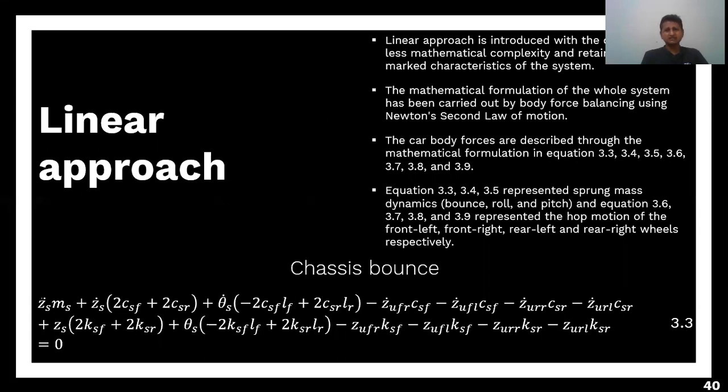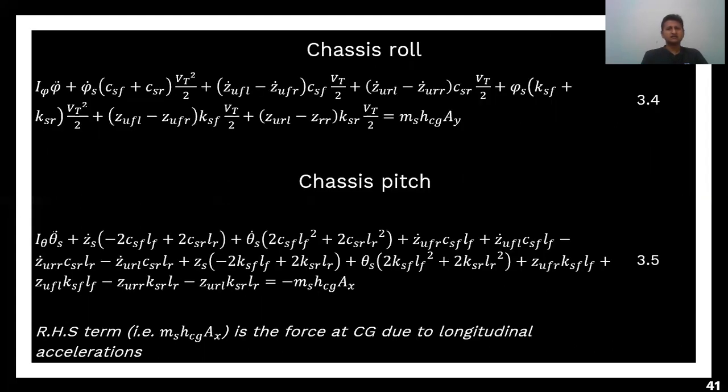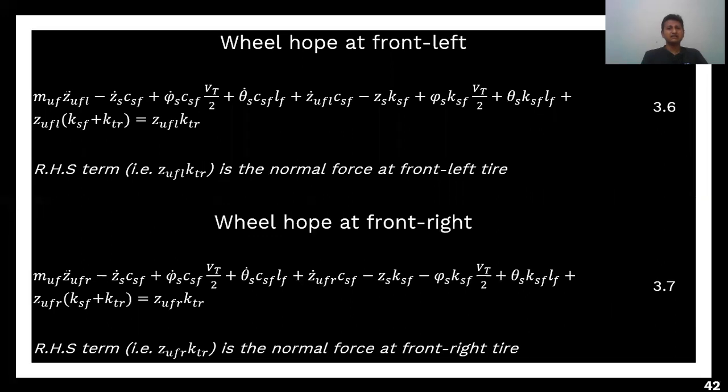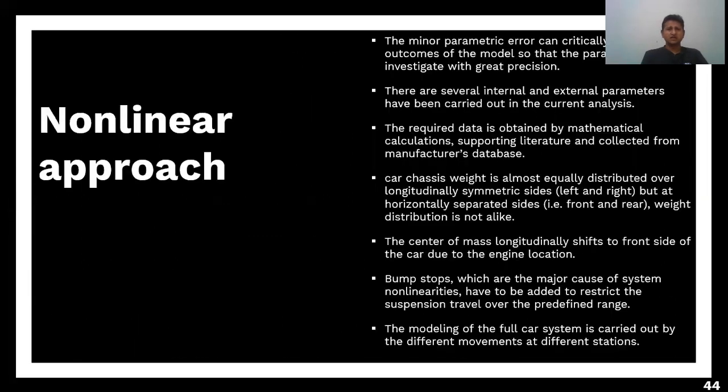I will just brief. In the linear approach, we are not considering the non-linearity of the suspension elements. So we simply model the vehicle suspension system through these equations. And in the non-linear approach, which is very important, we are considering the non-linear behavior of the suspension part; spring and damper are the most non-linear elements of a suspension system.